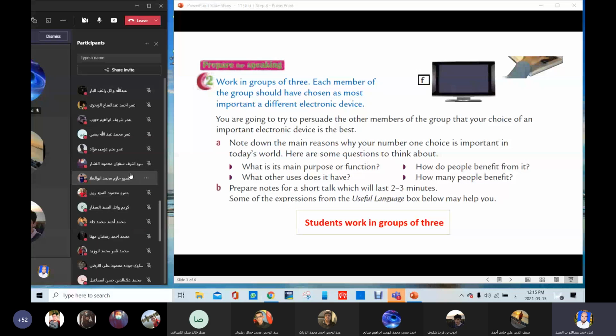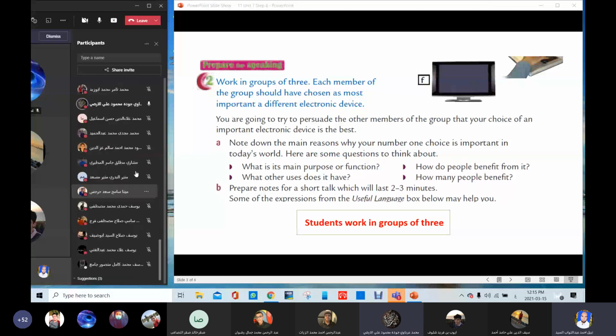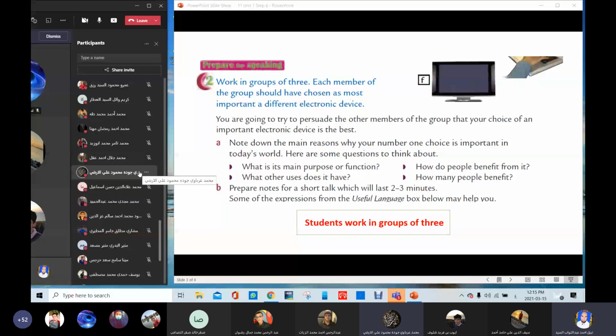Yes, in my opinion, the most important device is the mobile phone. We can take it to any place. It can take photos like a camera, and we can use it as radio or TV or newspaper.